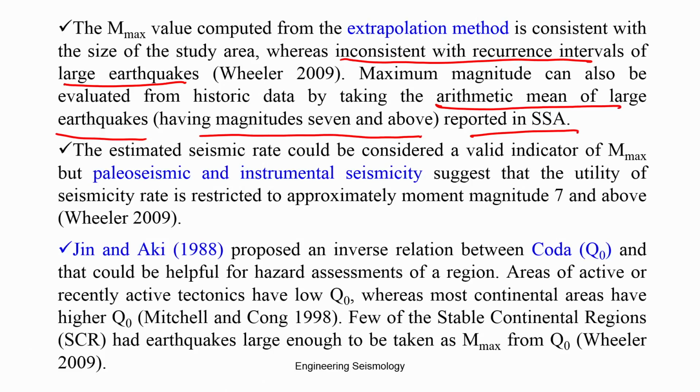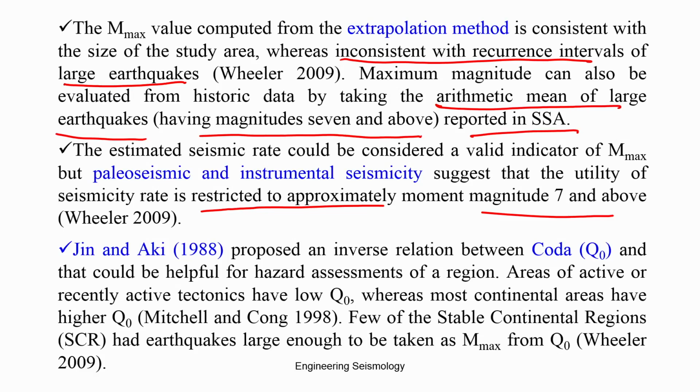The estimated seismic rate could be considered a valid indicator of m max, but the instrumental seismicity suggests that the validity of the seismic rate is restricted approximately to magnitude 7 and above. Beyond that there is an issue with estimating it, so the extrapolation method should be used with caution. That is what Wheeler says. You can search Google for Wheeler 2009, where he talks about different m max extrapolation methods, if you want to do research in this area.